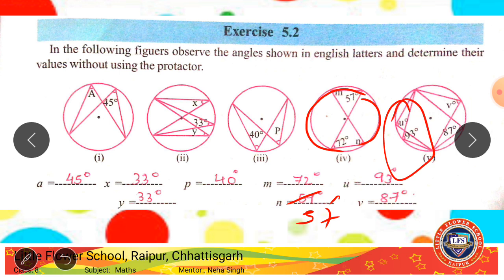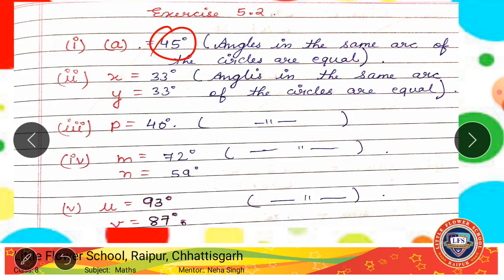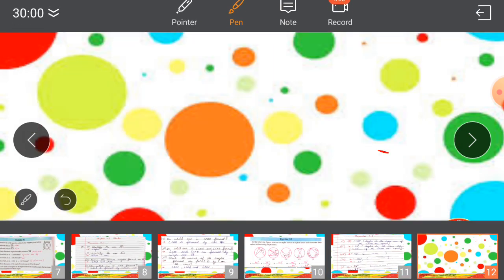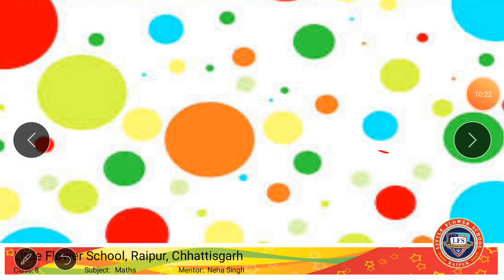Similarly, this is also the same arc, right? So like this you are going to write, and you are going to write the reason everywhere, here also, and here also, that angles in the same arc of the circle are equal, right? So these two exercises we have finished.